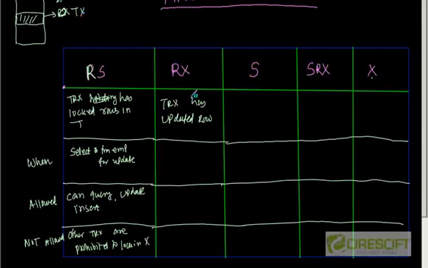We are going to hold an RX lock on this table when, for example, I'm doing update EMP set sal equal to 500.